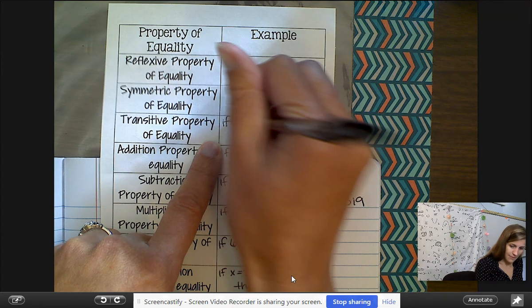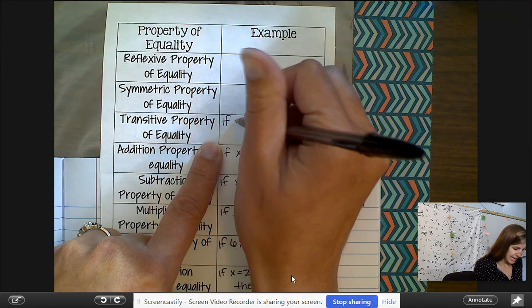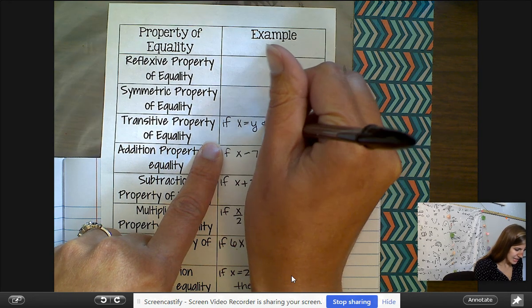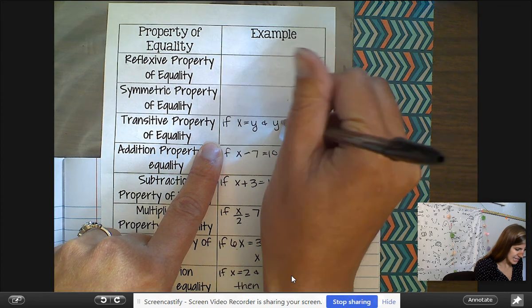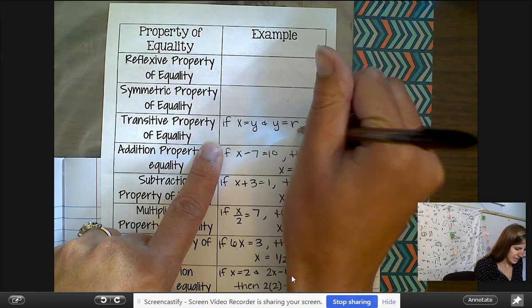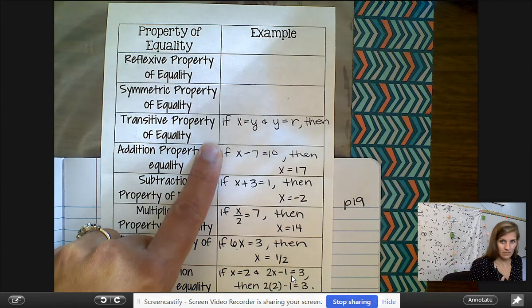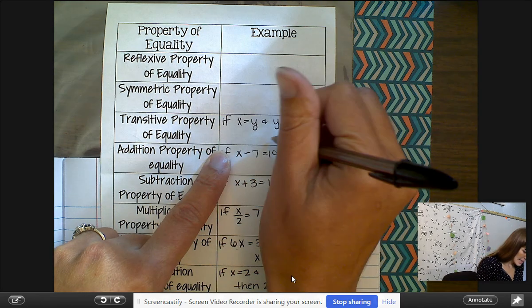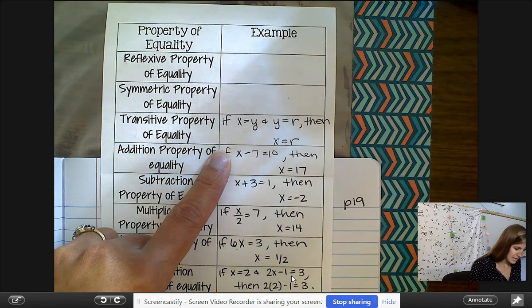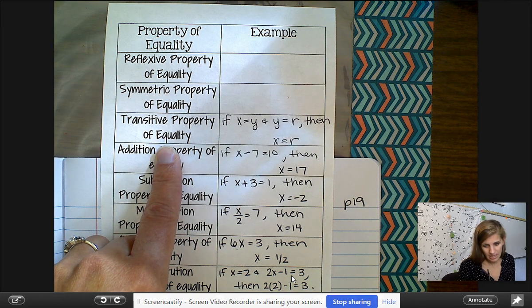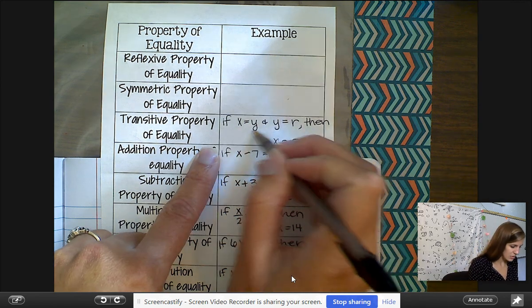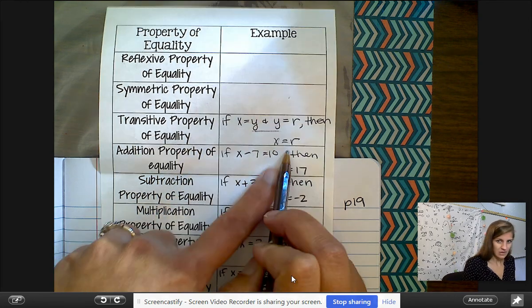So if I know that x is equal to y and y is equal to r, then we have these two same things here, I can say that x equals r by the transitive property of equality. So again, we kind of have those connectors like that law of syllogism thing. So that's kind of cool. Like these two things match up. And so we just say the other things are also equal. So that's kind of nice.